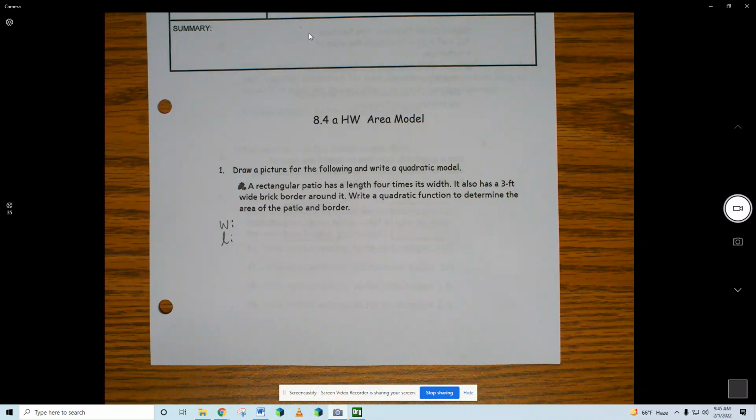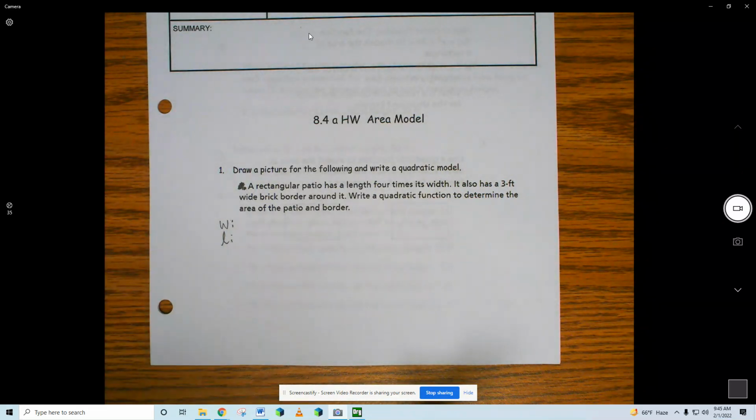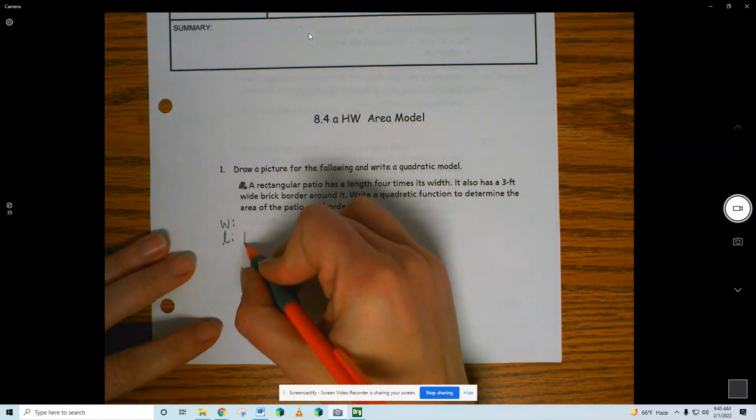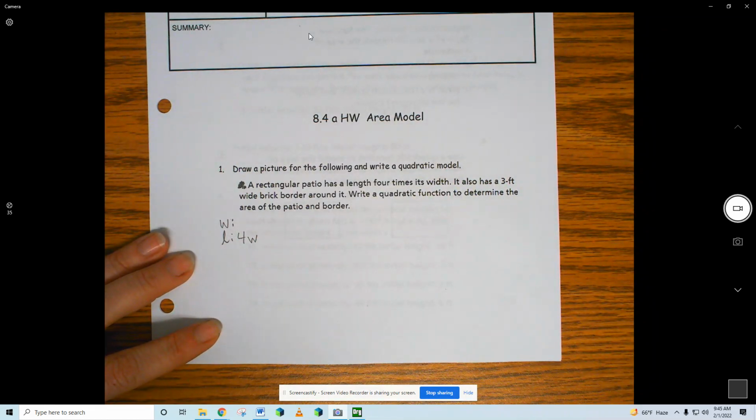As the sentence says, the length is 4 times the width. So 4 times the width is my length. That's exactly what it says.